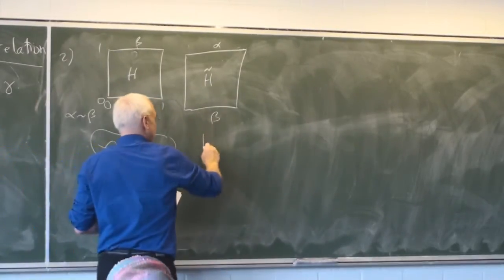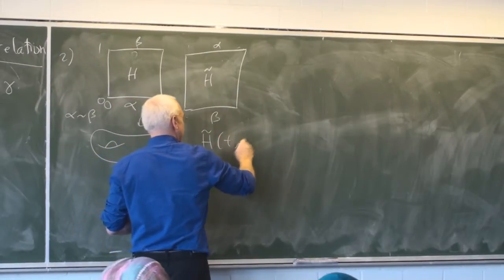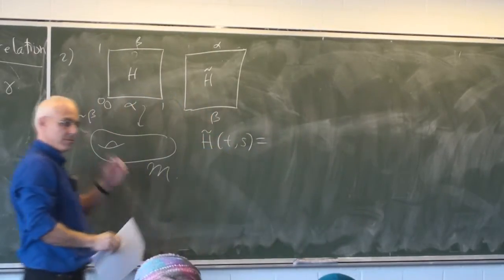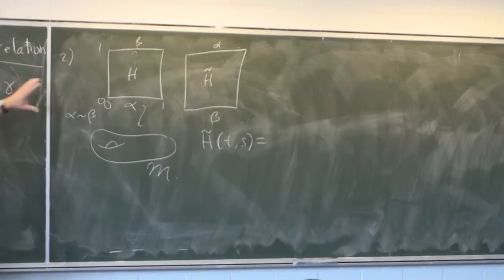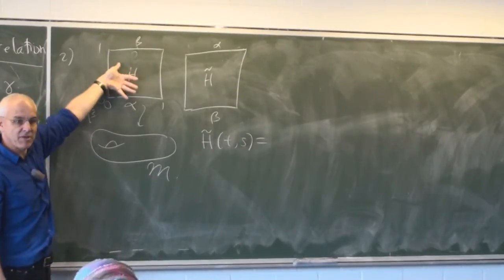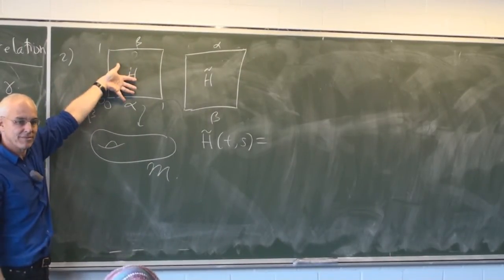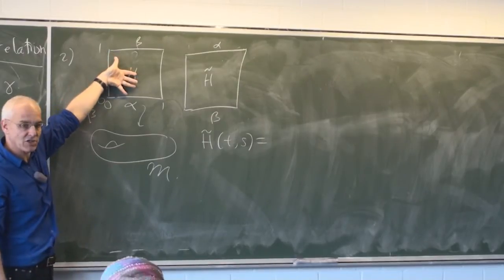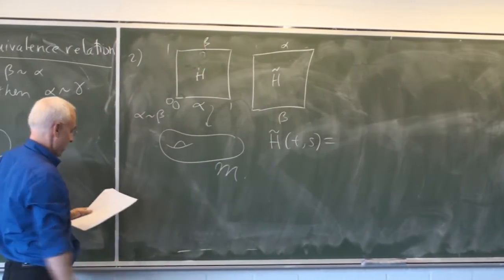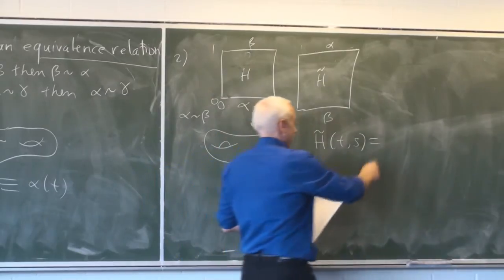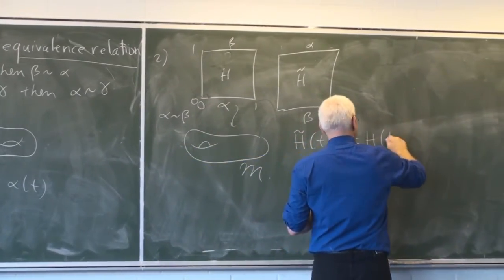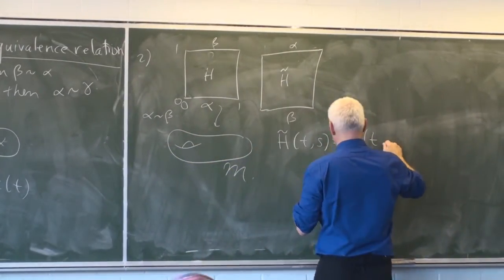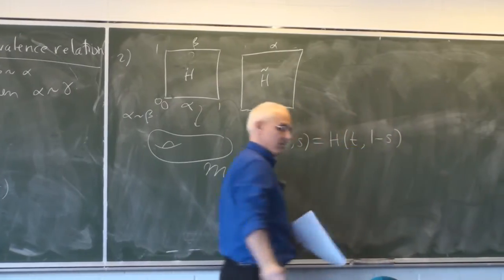Then what we should do is define H tilde of t, s to be just this homotopy flipped around so that the alpha and the beta interchange. And how do we flip that around? We replace the s with 1 minus s.